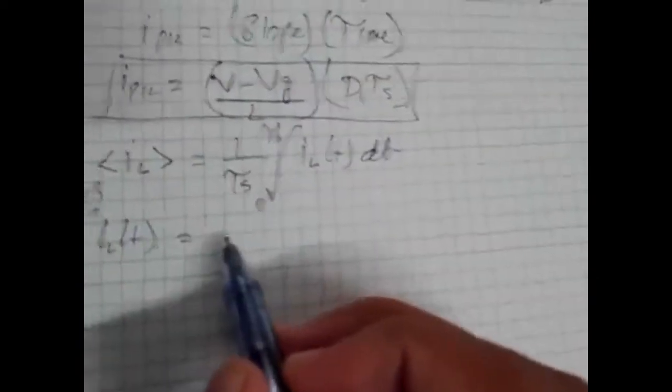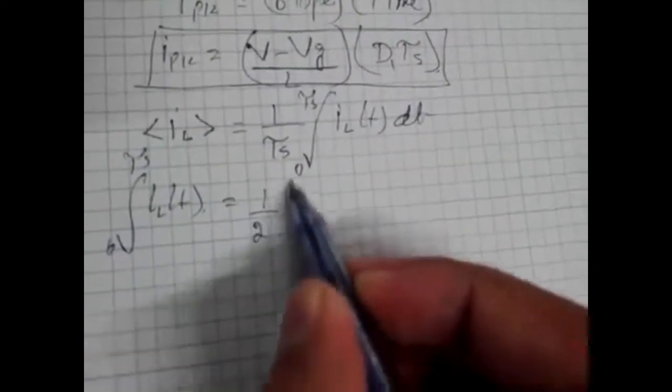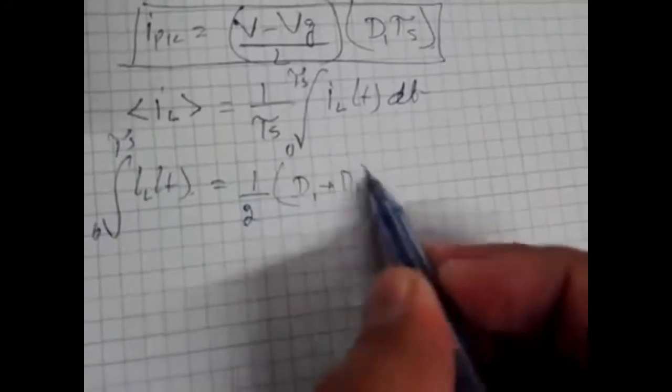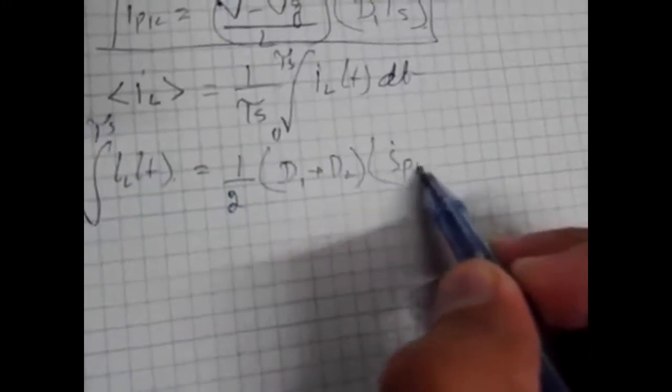The area under the curve is equal to 1 by 2 base into height. So here the base is D1 plus D2, so that will be equal to 1 by 2 (D1 plus D2) into height, which is Ip.